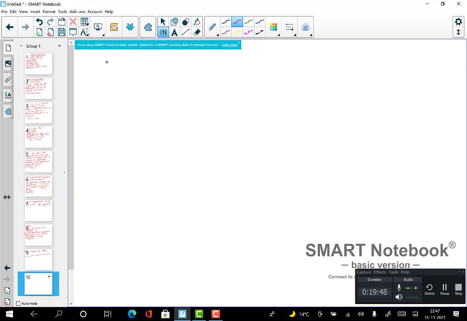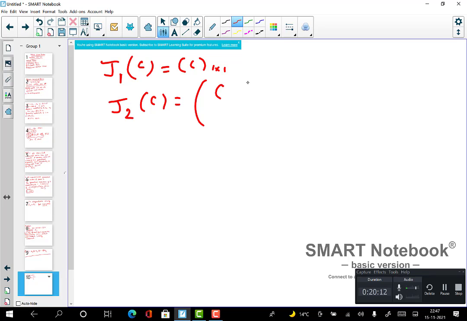Okay, so we write a Jordan block of size 1 corresponding to eigenvalue C; this is nothing but the single matrix containing C. Similarly we write Jordan blocks of size 2. This is a 2 cross 2 matrix, with C in the diagonals and 1 in the sub diagonal.